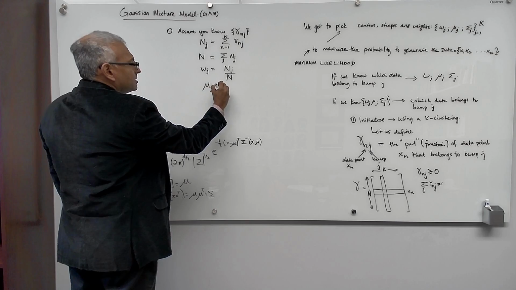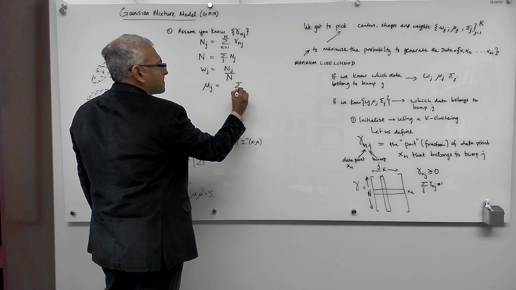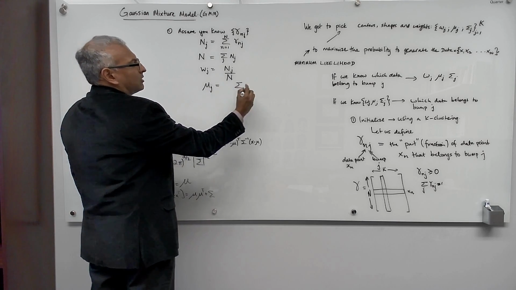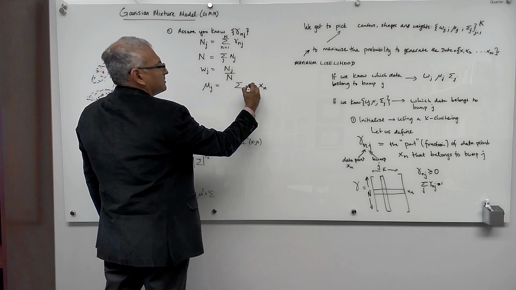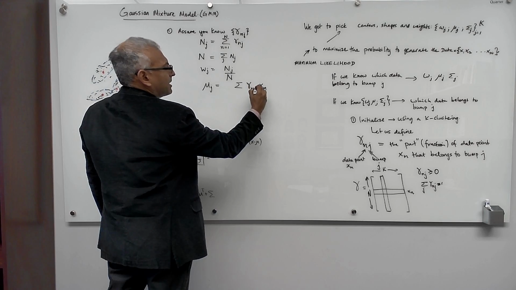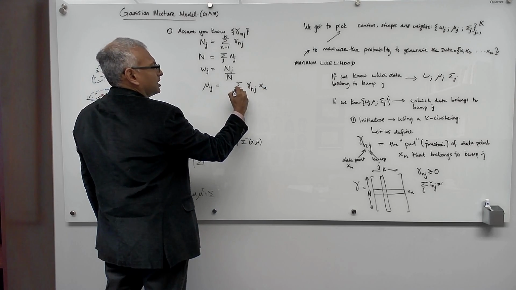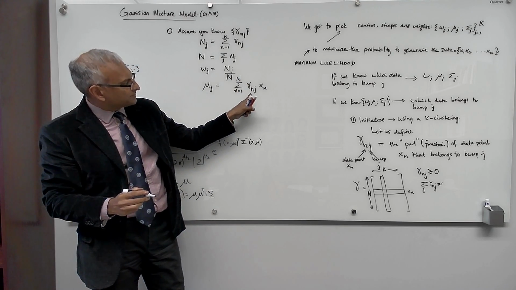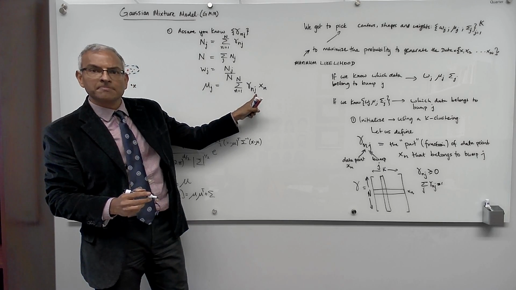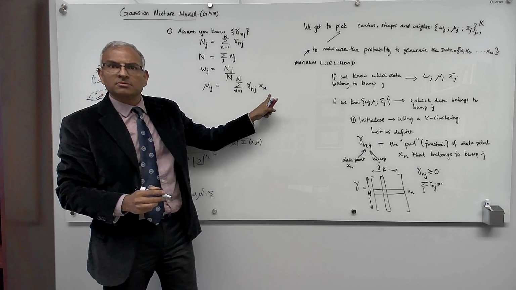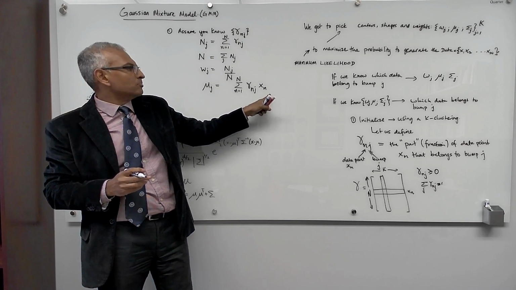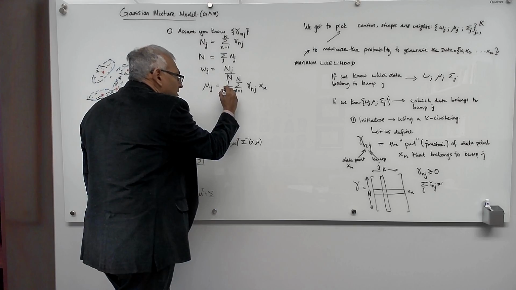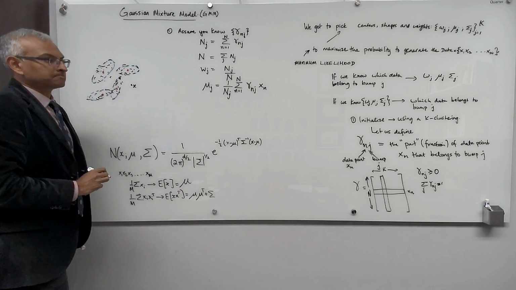So mu j is equal to the sum over all data that belongs to that bump of the data point xn times the fraction of it that belongs to the bump, so the sum from n equals 1 to big N of gamma nj xn. This is the fraction of data point n that belongs to bump j. So I'm adding up the data points that belong to bump j, weighted by their fraction. But now I need to take the average, so I divide by the number of data points that belong to bump j, nj.